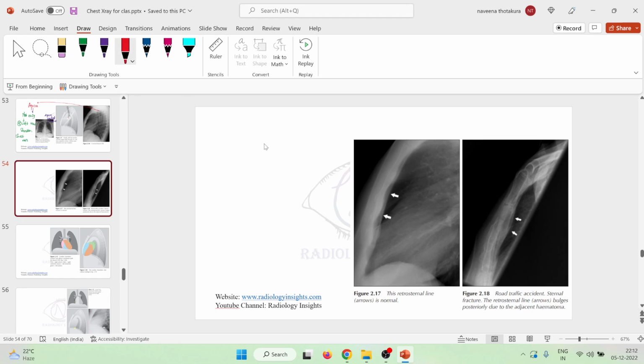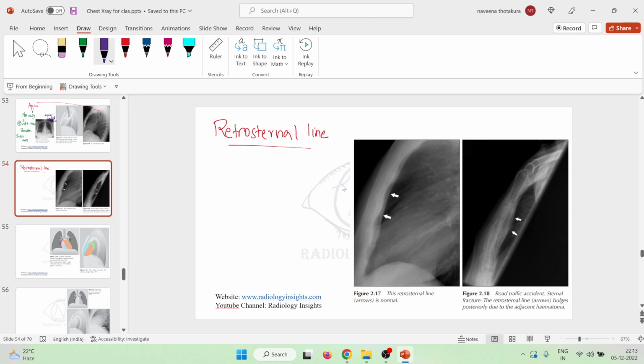Next, we have the retrosternal line. In the retrosternal line, a soft tissue interface with lung is visible behind the sternum.